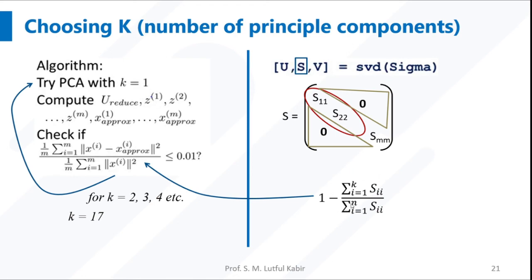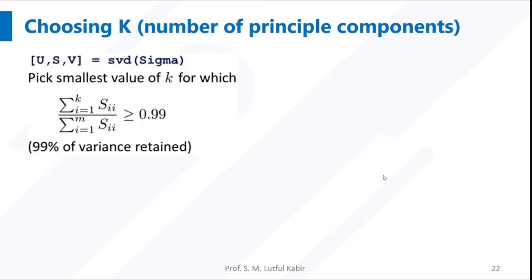In other words, this expression subtracted from 1 should be around 0.95 to 0.99. So this is the simplest way to check whether the smallest value of k is obtained.